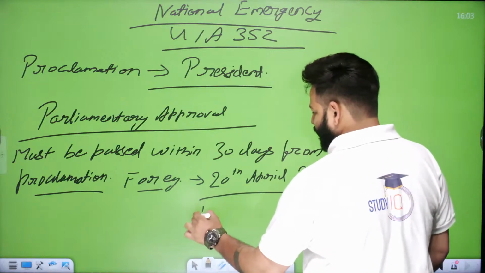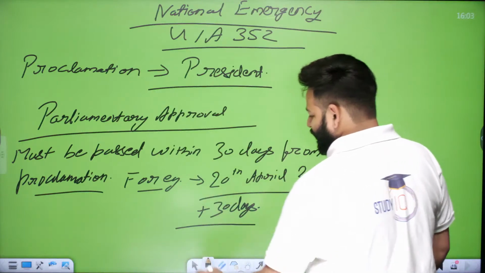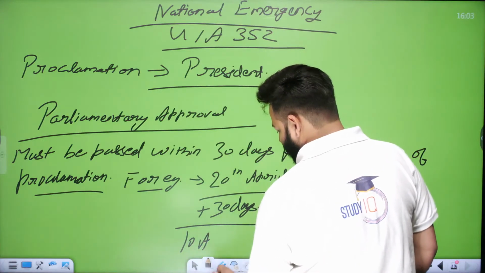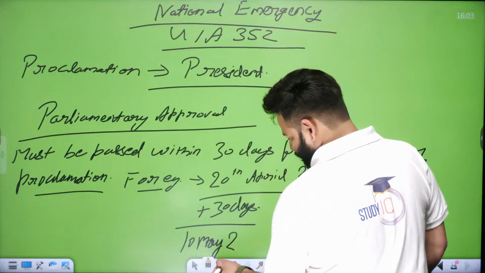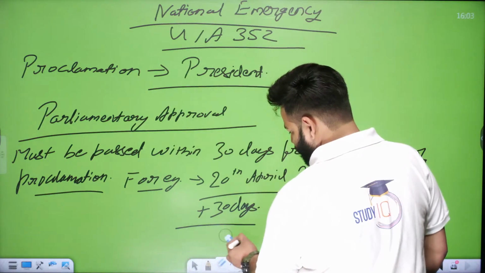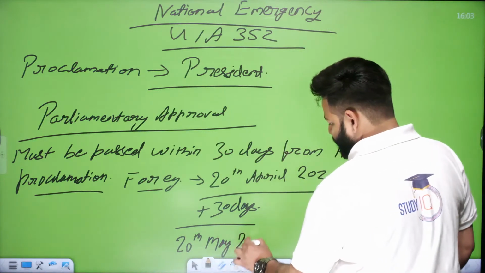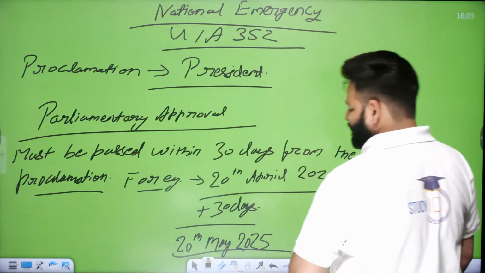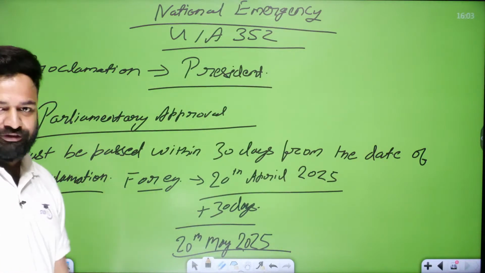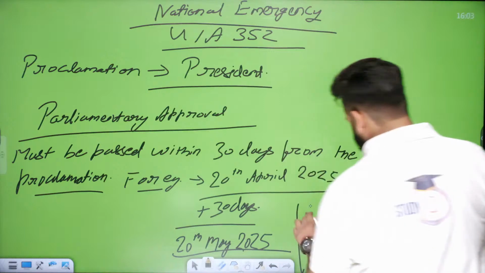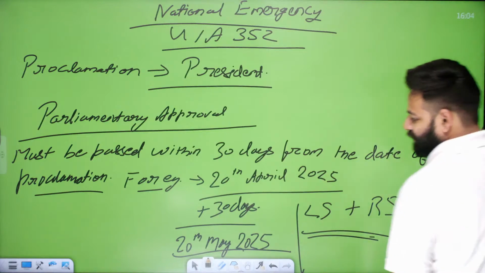So 30 days from here, the last date will be 10th of May to 20th of May 2025. The emergency resolution must be passed by both the houses of the parliament, that is Lok Sabha plus Rajya Sabha. By what date? Maximum 20th May.